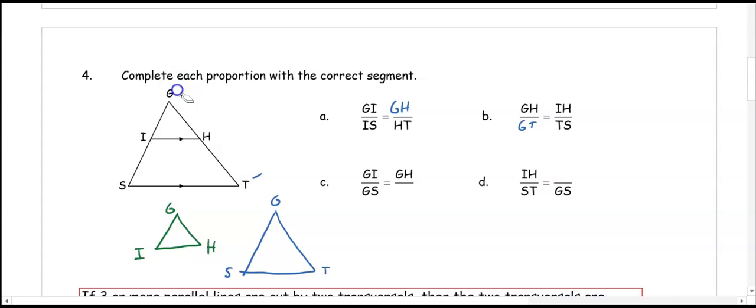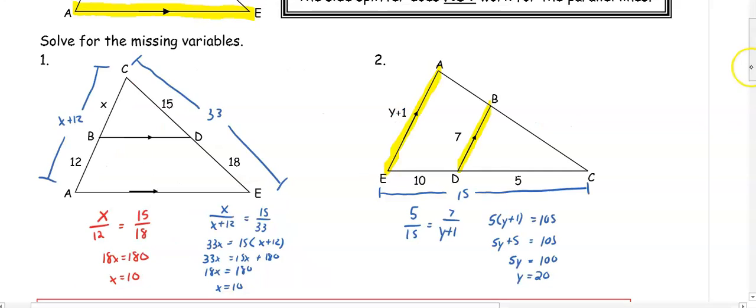In our next, we have GI over GS is equal to blank over GT, so we would need the whole other side, which would be GT. In our last one, we have IH over ST equals blank over GS. So GS is the whole side. The side from the smaller triangle is GI. More general with side splitter, and we can use it for parallel lines.